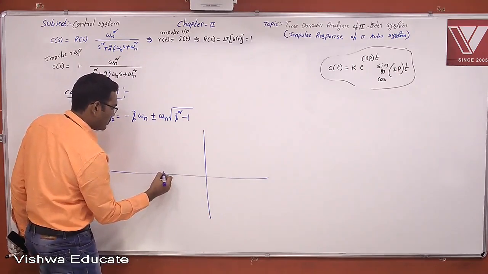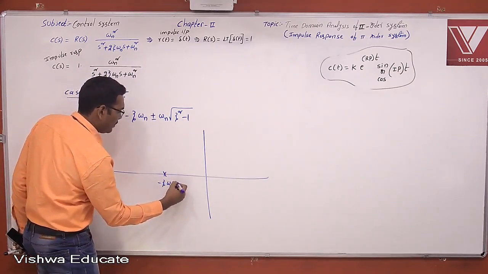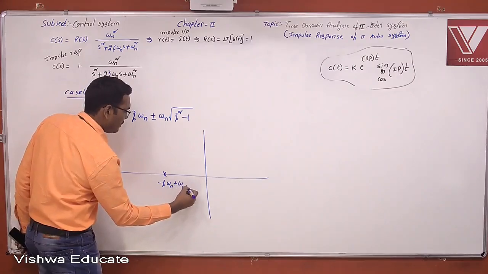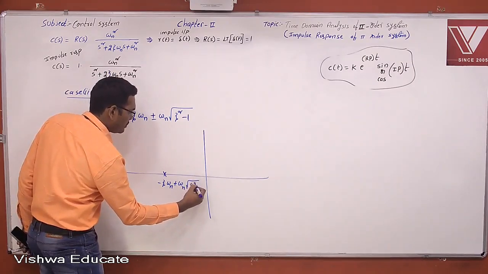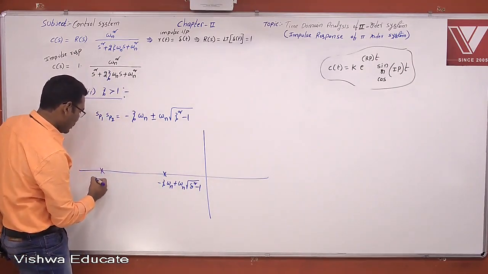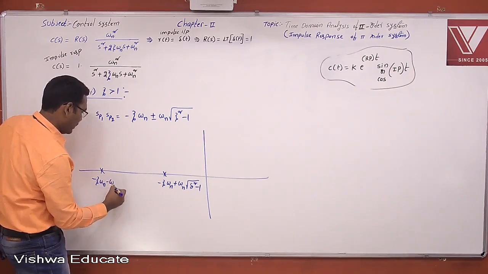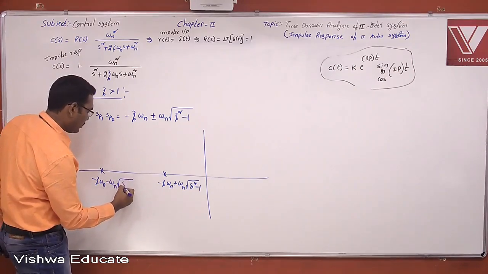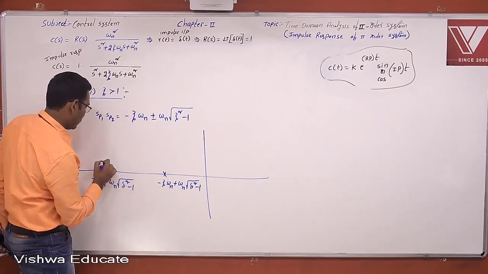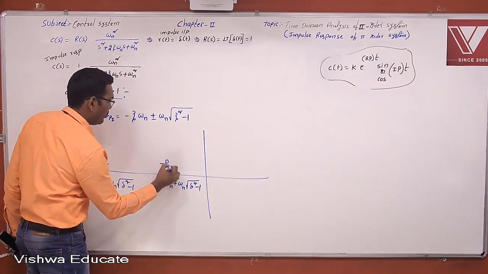One pole is minus zeta omega n plus omega n into square root of zeta square minus 1, and another pole is minus zeta omega n minus omega n into square root of zeta square minus 1. This is, let us say, pole P2. This is, let us say, pole P1.